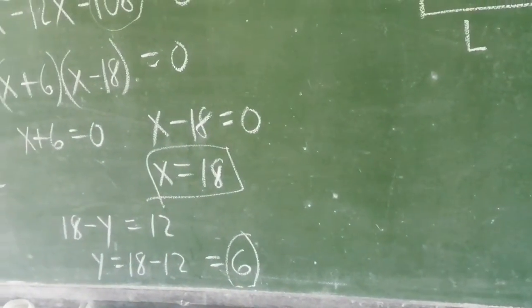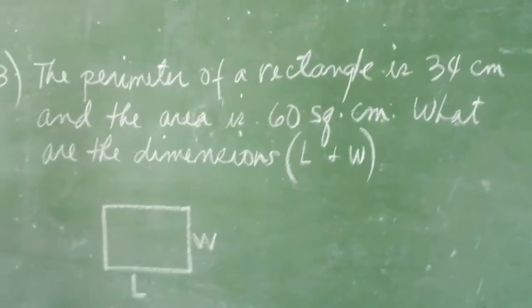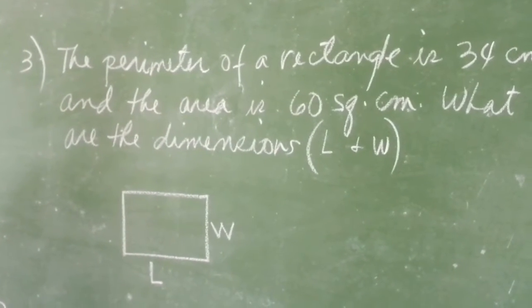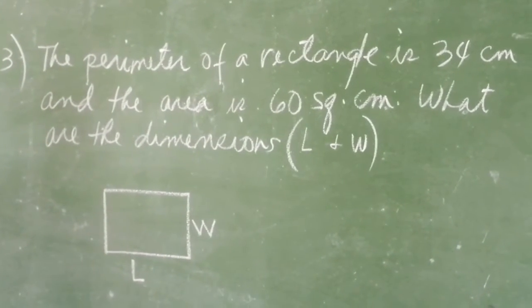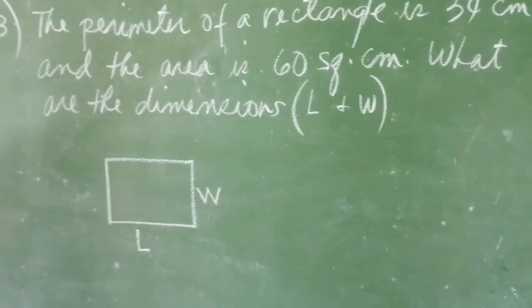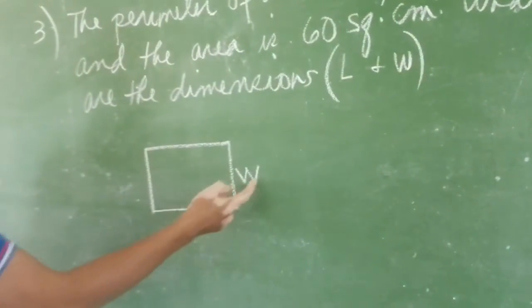So that's the number. Okay, there is another problem here. The perimeter of a rectangle is 34 centimeter and the area is 60 square centimeter. What are the dimensions? So we are going for the length and the width. So shall we illustrate that? So the length and the width is here.